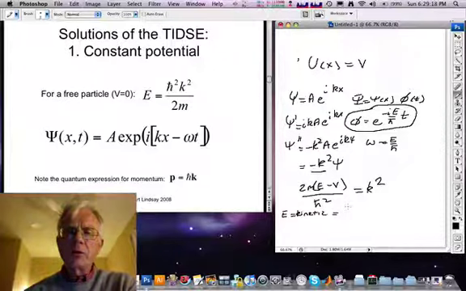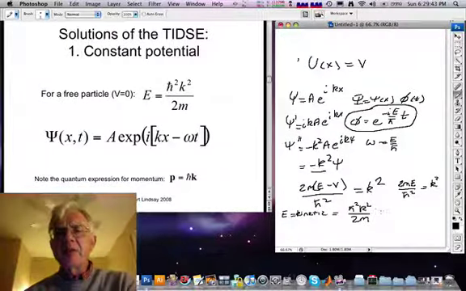And this is equal to, well, let's put the V equal to 0 here. So 2mE over h bar squared equals k squared. So E is equal to h bar squared k squared over 2m.